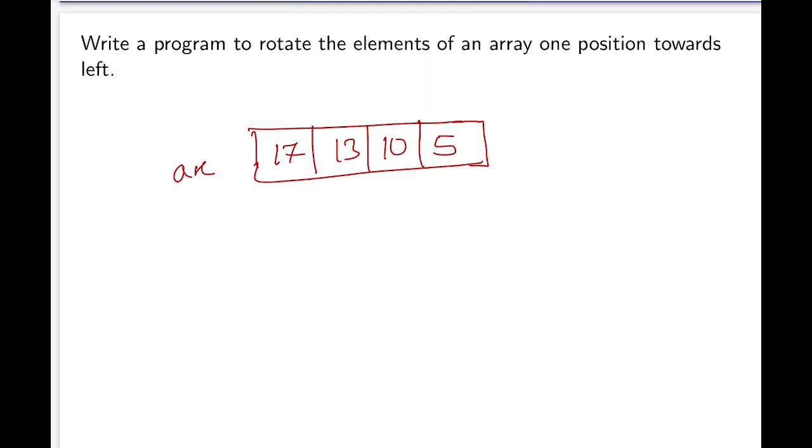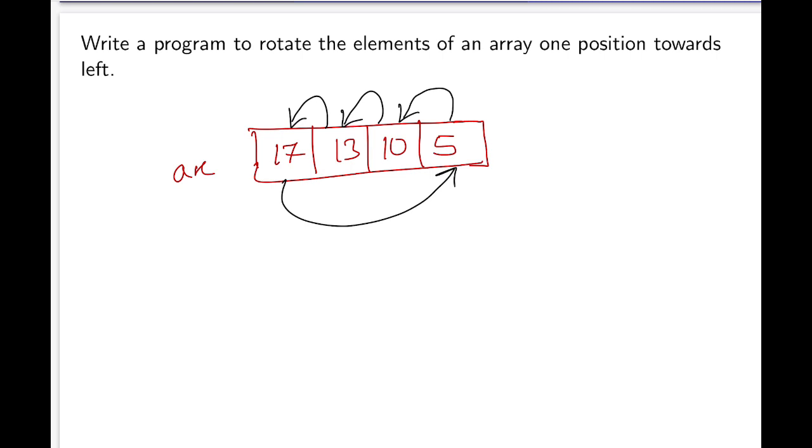Now we want to rotate the elements of an array one position towards left. That means this 5 comes here, the 10 comes here, 13 comes here, and 17 is going to here.